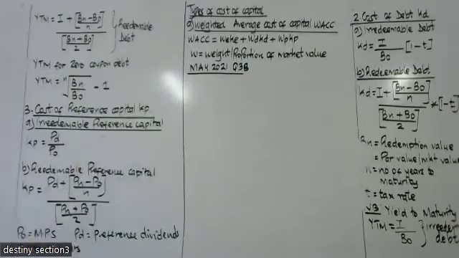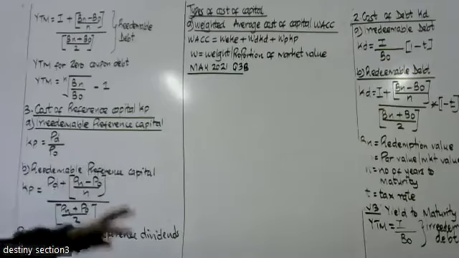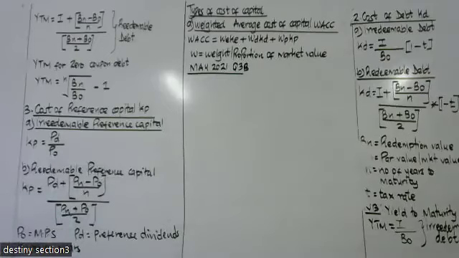Now, 8% is the amount you are being guaranteed so that you choose to invest by buying ordinary shares. So that 8%, that minimum required rate of return, is what we refer to as a cost of capital.